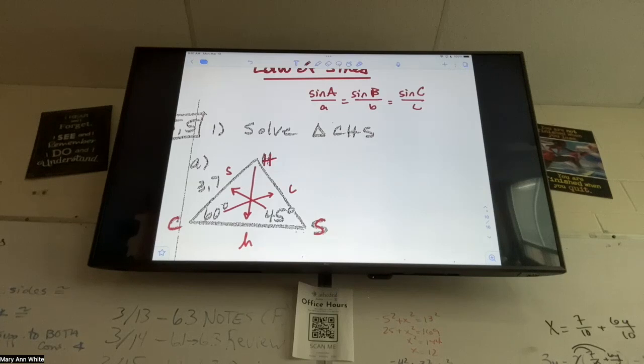Now, before I do anything with my sine and all that fun stuff, I'm going to figure out what angle H is. Does anyone have any idea how I'm going to find angle H? Yeah, not just minus 45, but also minus 60. So basically angle C plus angle H, which we don't know, plus angle S is equal to 180.